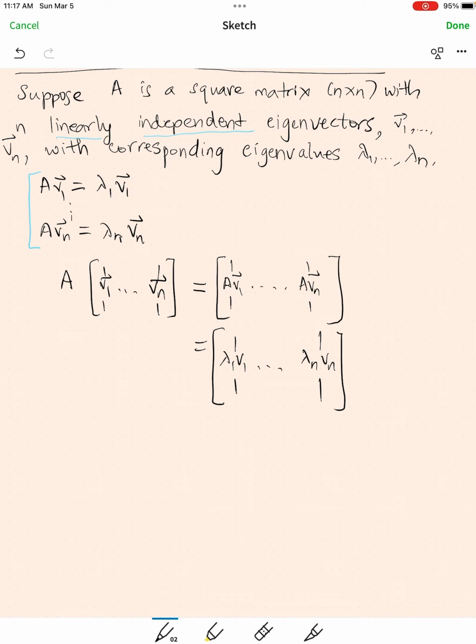And how can we write this matrix as, let's say you take those vectors V1 again through Vn, and you have this matrix. It's the same matrix as before. Now what matrix can I multiply this matrix by to equal this?